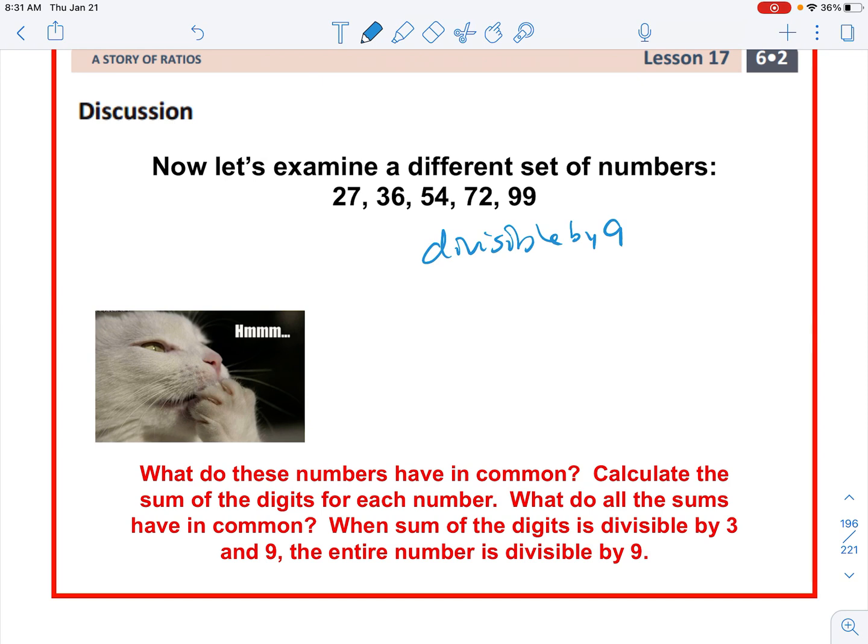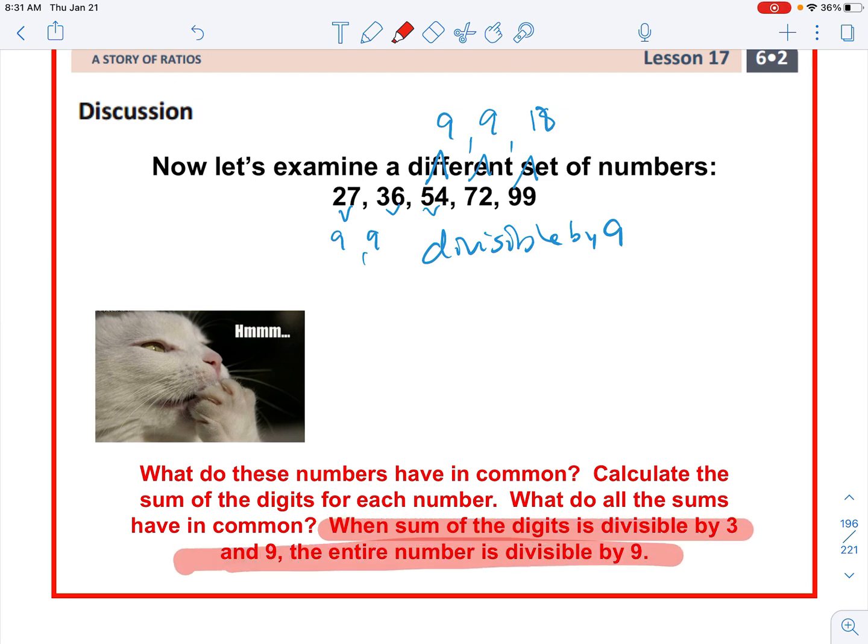I'm going to add 2 and 7. That's 9. 3 and 6, that's also 9. 5 and 4, that's 9. 7 plus 2, that's 9. And 9 plus 9 is 18. All of those are divisible by 9. When the sum of the digits is divisible by 9, the entire number is divisible by 9.